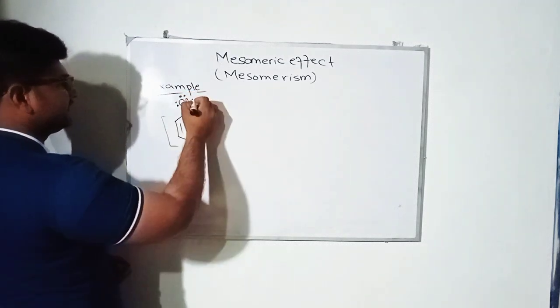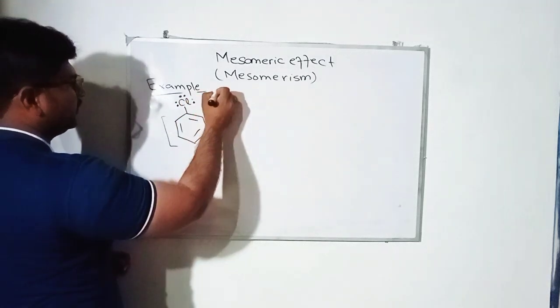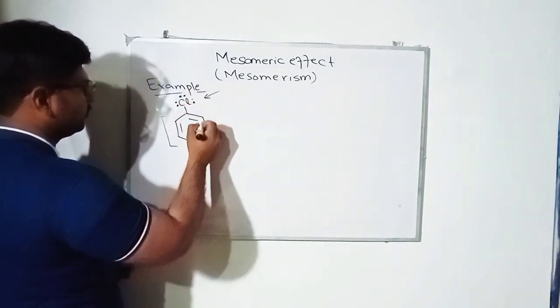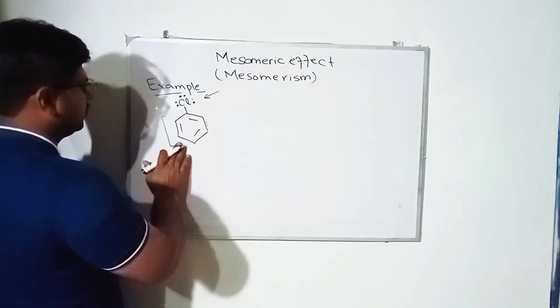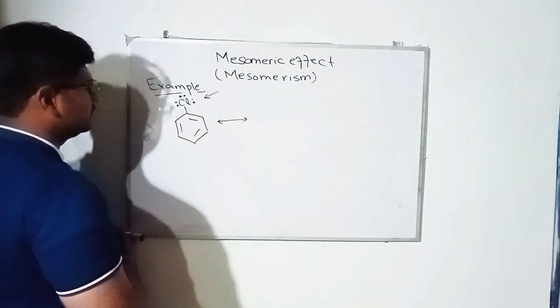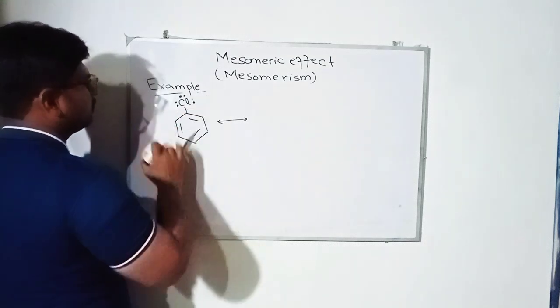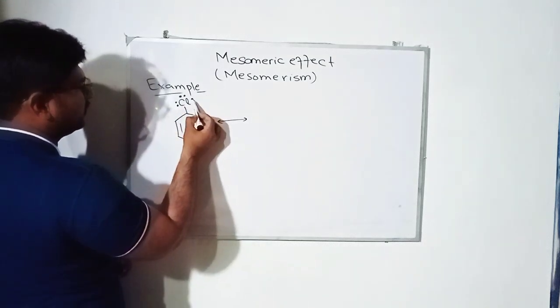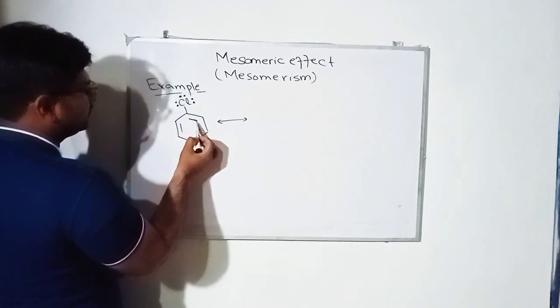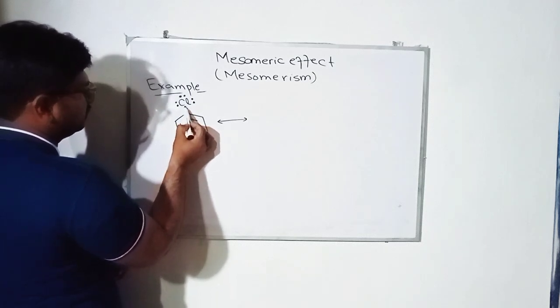How can this chlorine atom transfer its plus M effect to this conjugated system? We will draw our double-headed arrow here like this, and now concentrate on this lone pair of electrons that is actually facing this bond, which is quite near to this line.